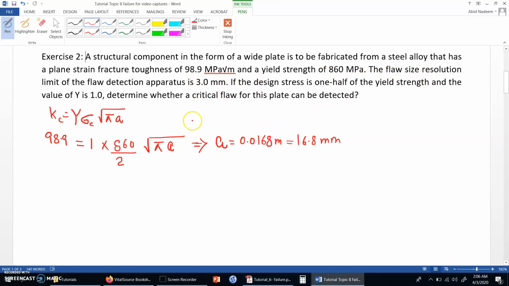So as you can see, this value of the crack length is much bigger than the resolution. This means that this crack can definitely be detected, because 3 millimeter is the minimum value which can be detected.